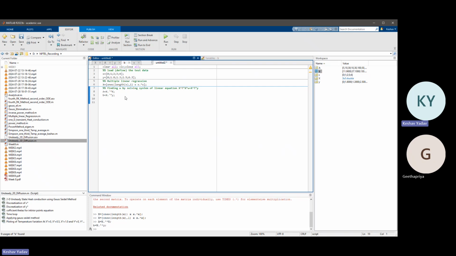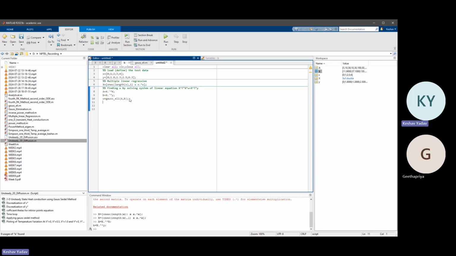Now I need to call the Gauss elimination function that I have made, or I can directly use the inbuilt MATLAB linear solver. But I will call mine. So W will be Gauss of A and B.